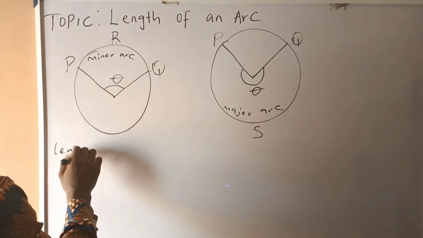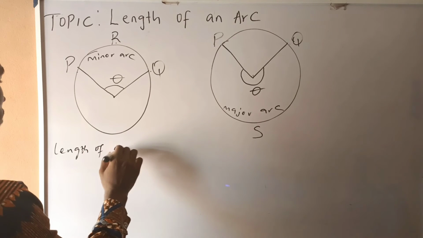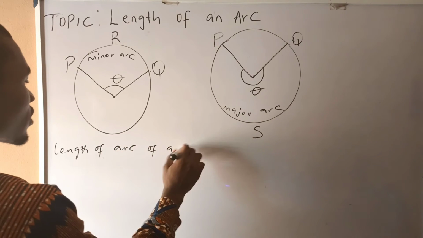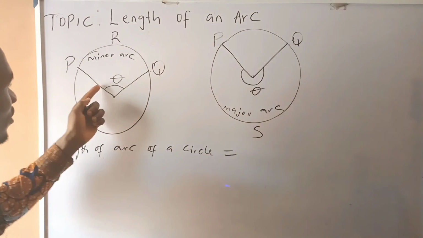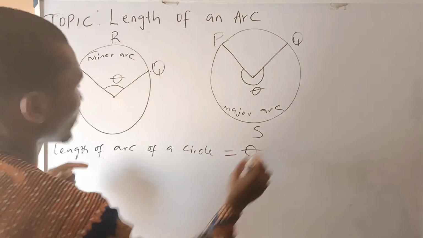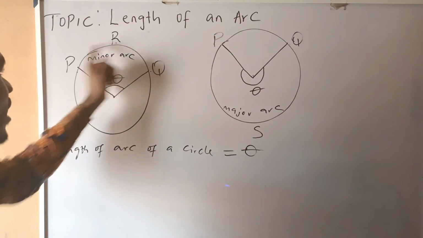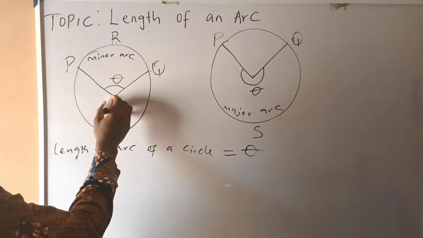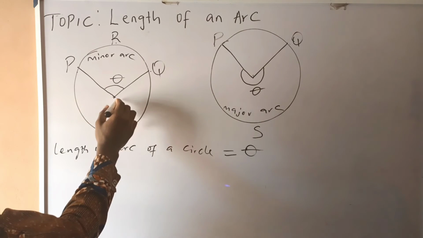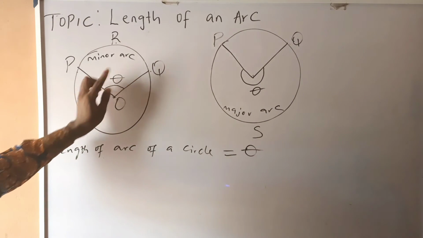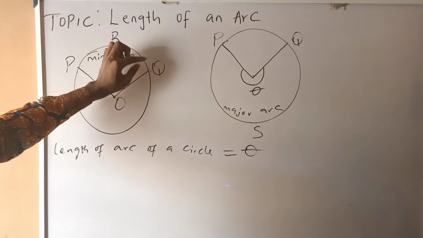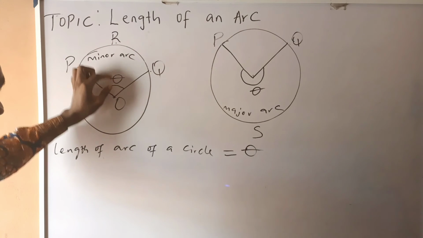Hence, we say that the length of an arc of a circle is equal to theta. Remember, theta is the angle that this arc subtends at the center. Assuming I call the center of the circle O, this is the angle that this given arc subtends at the center of the circle.